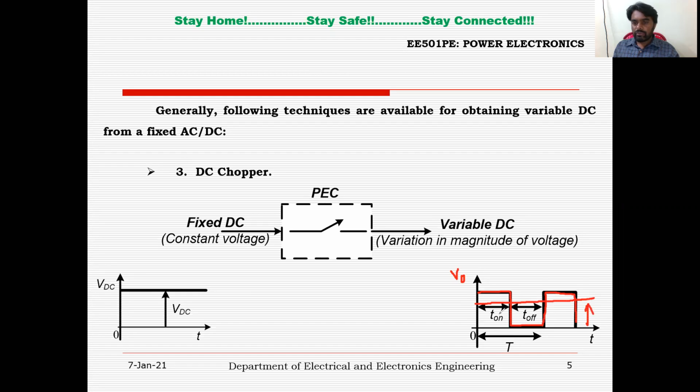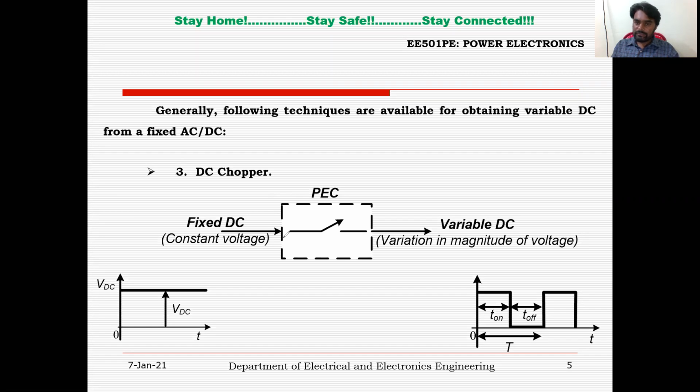If you know the area under this curve, then you can calculate the average voltage across the load for a given duration. This is more efficient compared to the previous AC link chopper, where we used two converters, one acting as a rectifier and another as an inverter. Here we use only one converter, which directly converts the DC into variable DC.